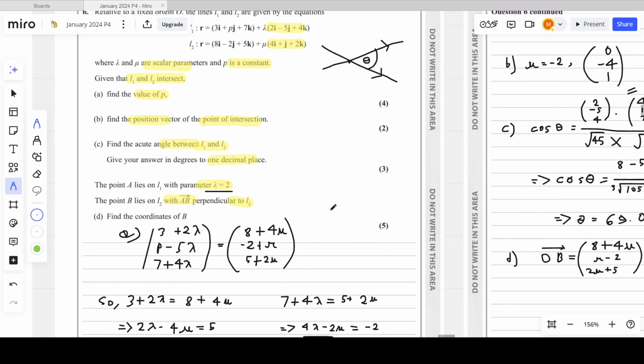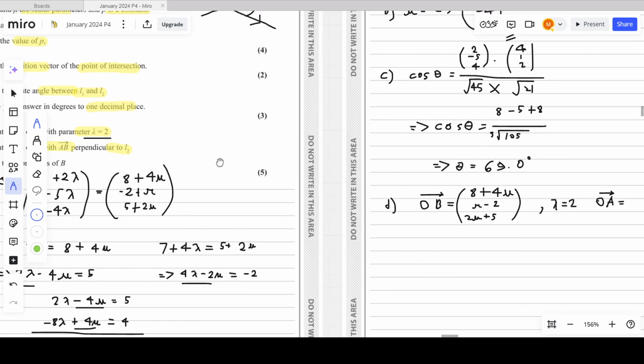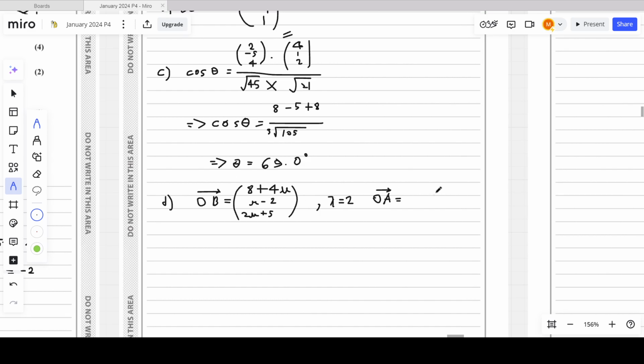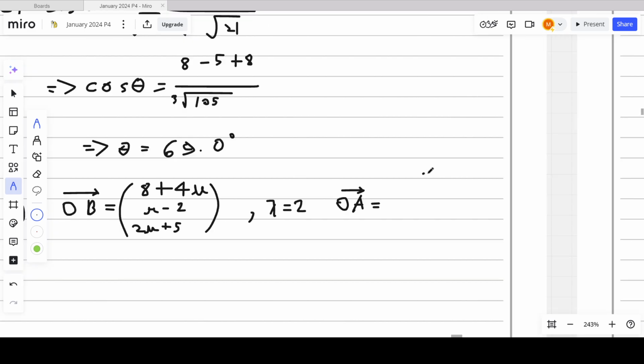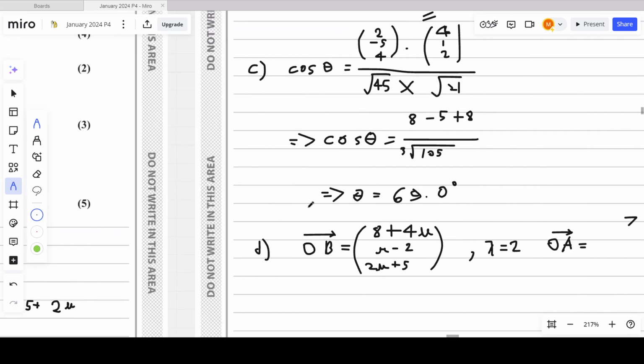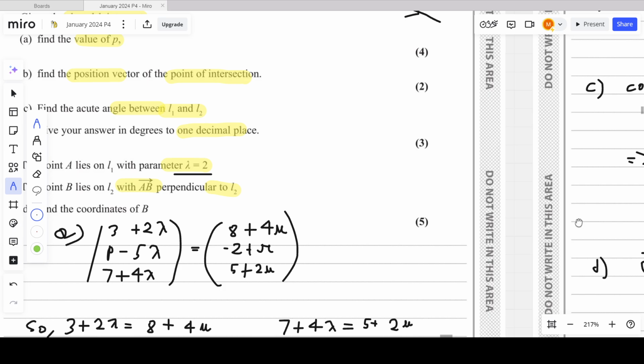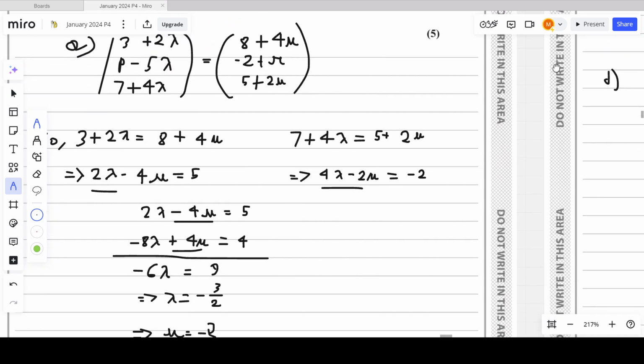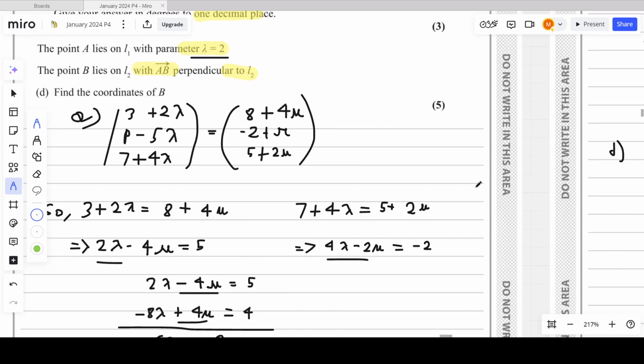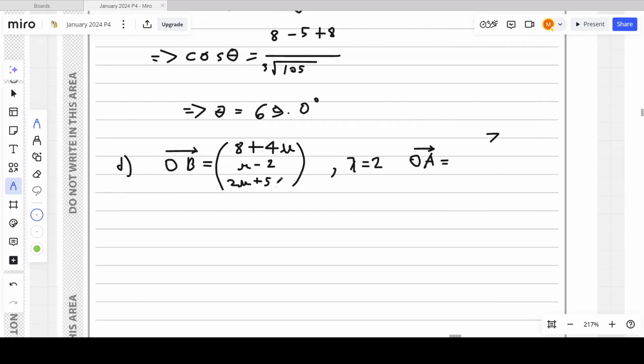So that would be 3 plus 4, that is 7, and then P is negative 23 over 2, minus 10. Yes, so this is negative 43 over 2.